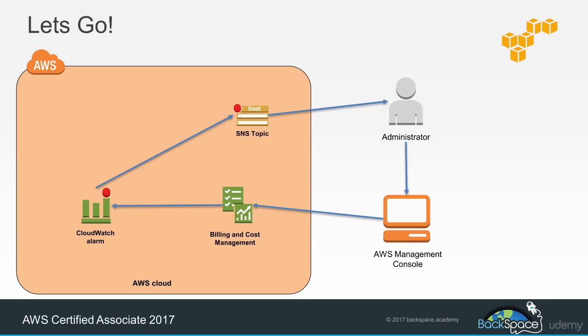And then we're going to create a CloudWatch metric that is going to monitor those billing costs. And when they exceed a certain limit, the CloudWatch service will notify an SNS topic to send us an email.